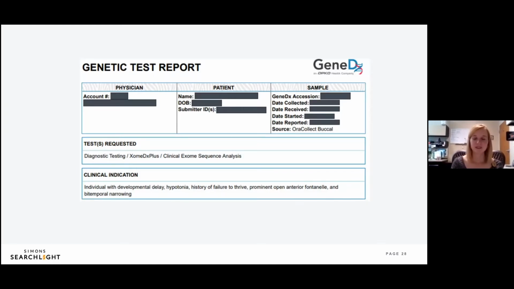Moving even further down, you'll see a section that's labeled clinical indication. This also may be called relevant or pertinent information as well. This is really why the person's getting genetic testing. It's probably a pretty brief history of your child's medical and developmental histories as well.